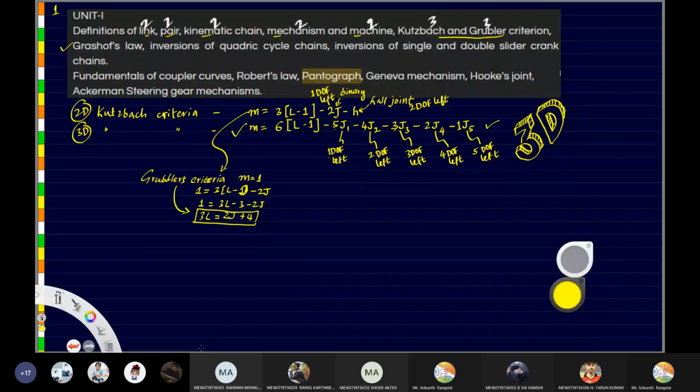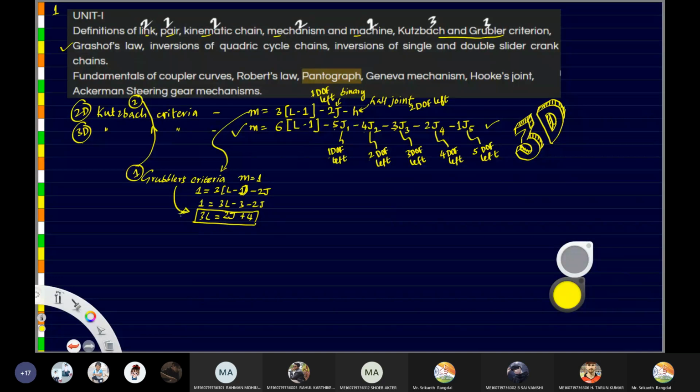So you can see that Grubler's criteria is in a way derived from the Kutzbach criteria, but Grubler was the first person to give his criteria, and later on Kutzbach generalized it. Grubler was the first person to give a relation between the number of joints and the number of links, but his application was limited to mechanisms.